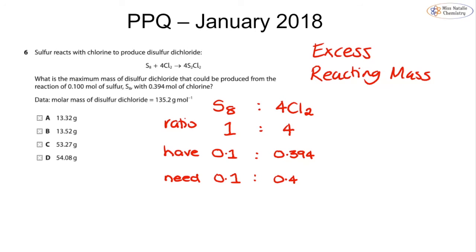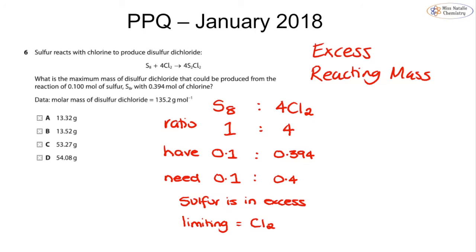Now, I only have 0.394, so that tells me that the sulfur is in excess, and my limiting reagent, therefore, is the chlorine. So my number of moles of chlorine is going to determine how many moles of the sulfur dichloride I make.